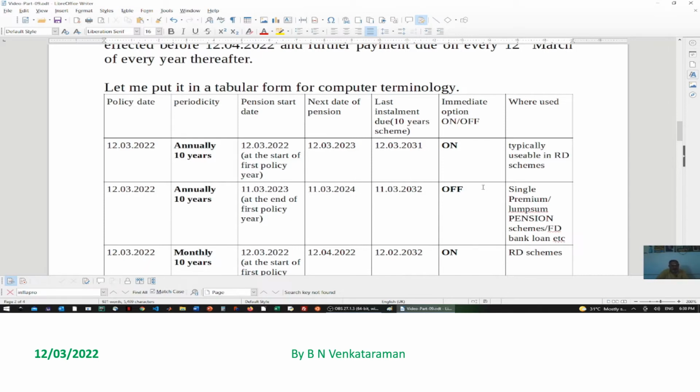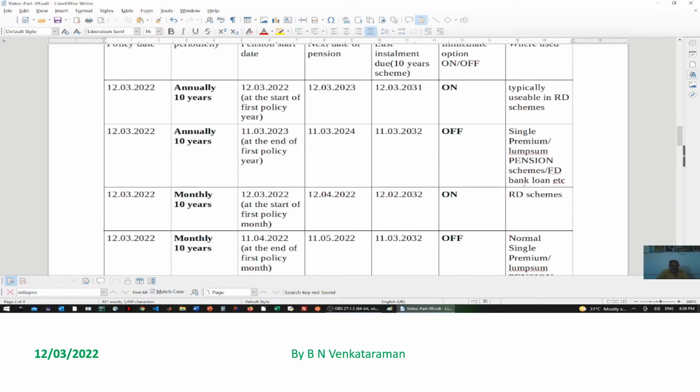This is generally used in single premium lump sum pension plans, FD, bank loans, etc. This is the normal practice.